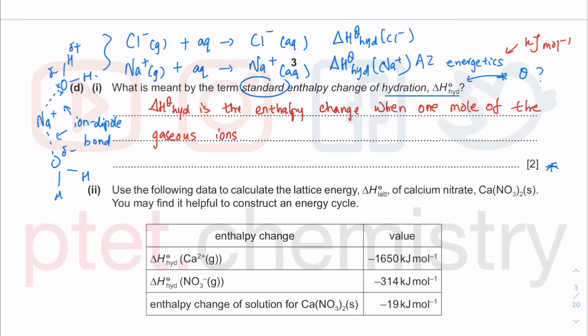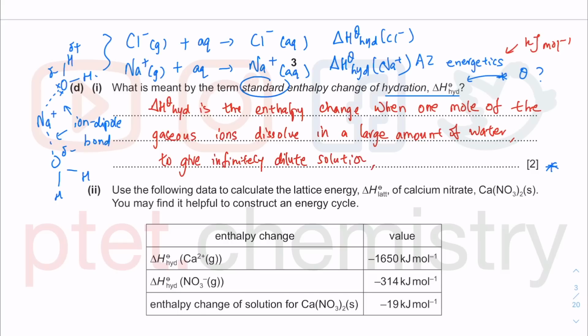Dissolved in a large amount of water, or a huge excess of water, to give infinitely dilute solution if you want to. I don't think that's too important, but then we have to specify under standard conditions as part of that requirement in the definition. Standard conditions will be 298 Kelvin, 1 atm pressure.